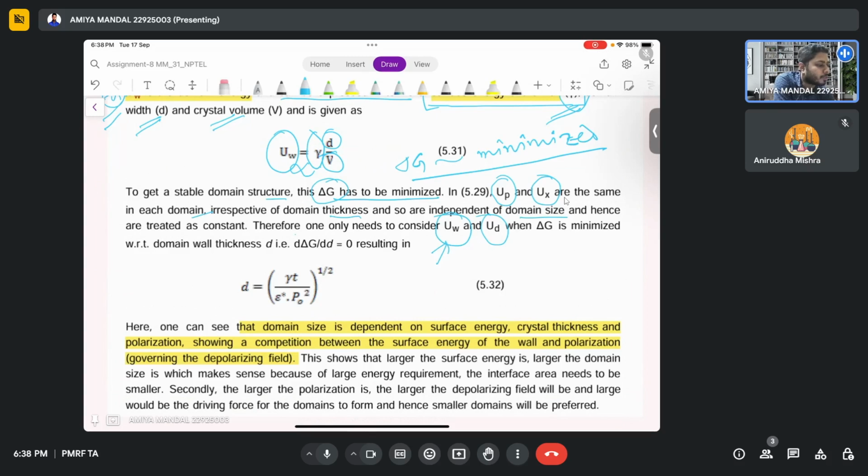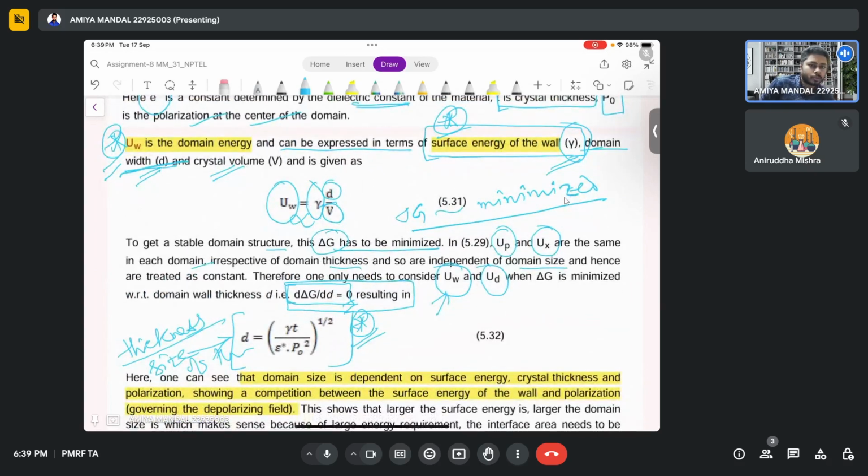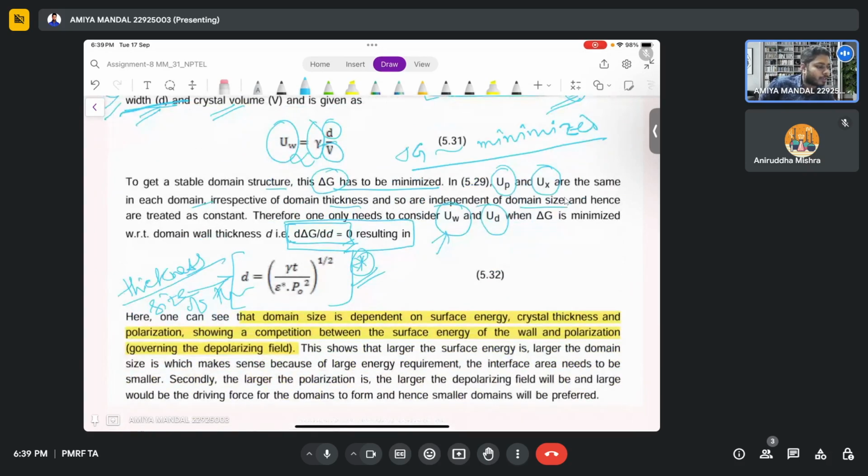So delta G is minimum when the derivative of delta G with respect to delta D gives you 0. Here D means the thickness or size of the wall. D is nothing but the domain width.